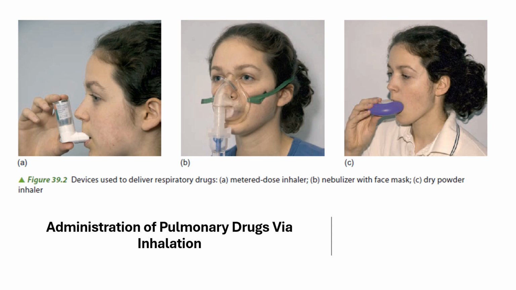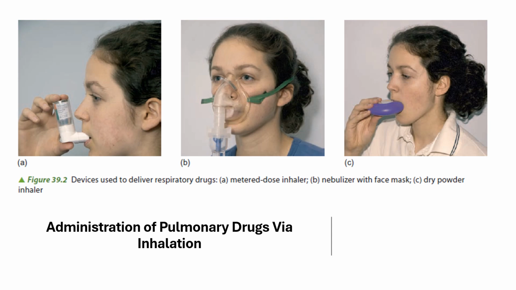It should be clearly understood that drugs delivered by inhalation have the potential to produce systemic effects because there is always some degree of drug absorption across the pulmonary capillaries. For example, anesthetics such as nitrous oxide and isoflurane are delivered through the inhalation route and are rapidly distributed to cause central nervous system depression.